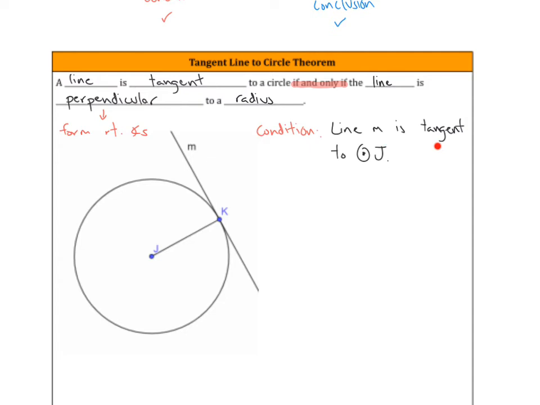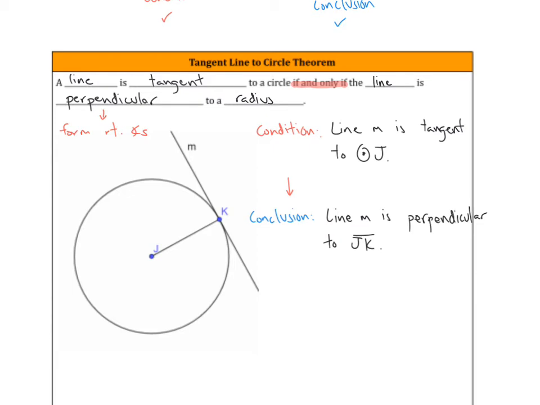Line M is tangent to circle J. If this is true, if this condition has been met, then we are allowed to make the conclusion which says that line M is perpendicular to segment or radius JK.